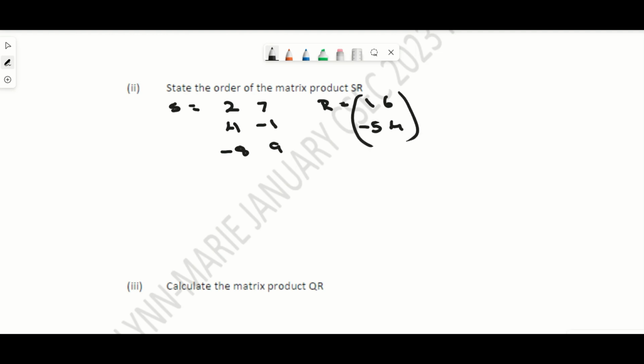So we're going to put this here, then we're going to write the orders. This is a 3 by 2, 3 rows, 1, 2, 3, and 2 columns. And this is a 2 by 2.